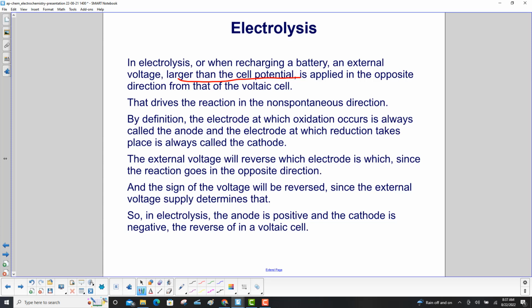The external voltage, therefore, will reverse which electrode is which, since the reaction goes in the opposite direction. And the sign of the voltage will be reversed, since the external voltage supply determines that. So, in electrolysis, the anode is positive and the cathode is negative, the reverse of a voltaic cell.